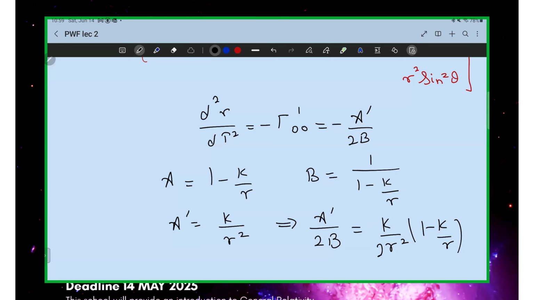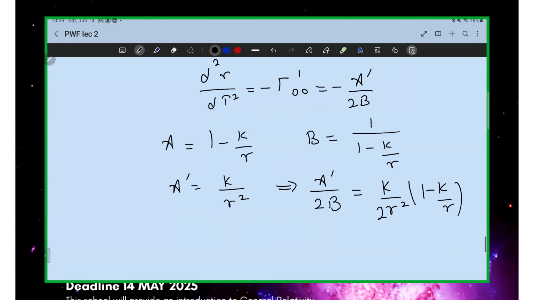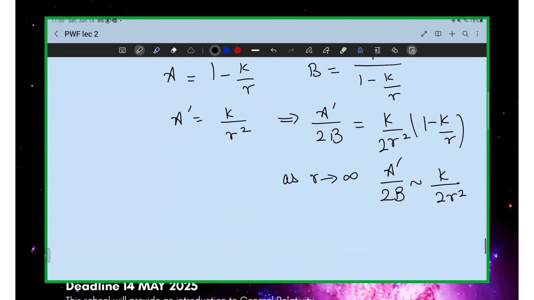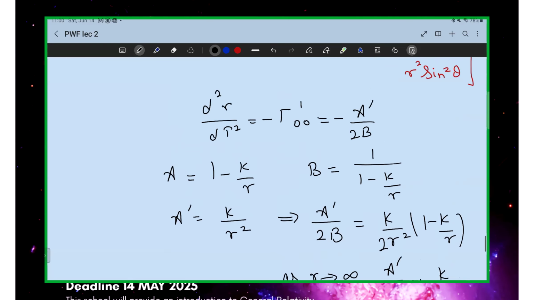Now, if you go to the large r limit, this term is negligible as compared to the first term. So as r goes to infinity, A prime over 2B is more like k over 2r squared. I'm doing this because this equation was true for the stationary limit.